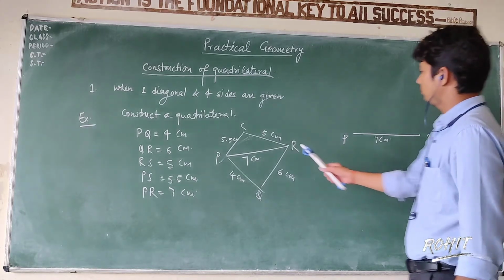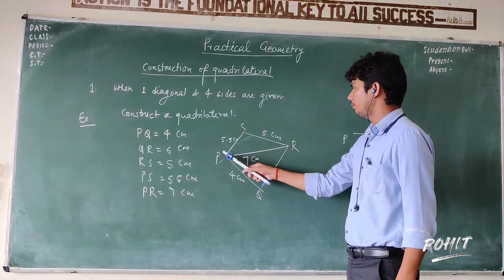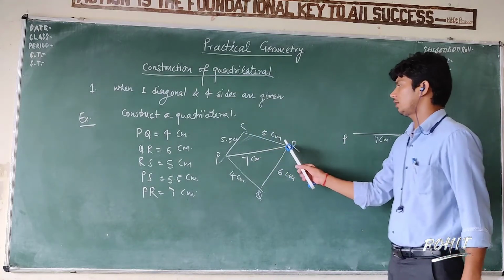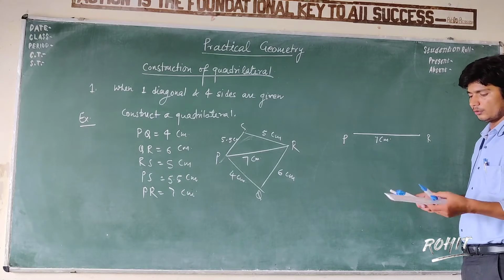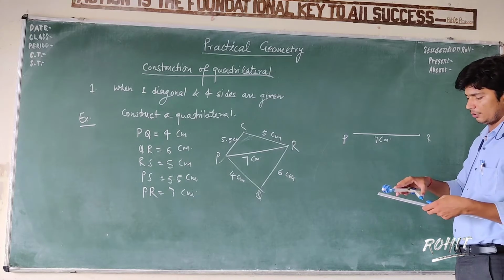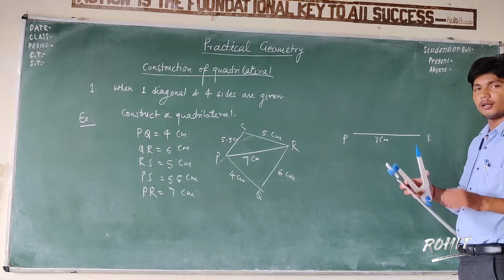Now RS and PS. So this RS is of length 5 centimeter. So what to do? We have to just take 5 centimeter length in our ruler.